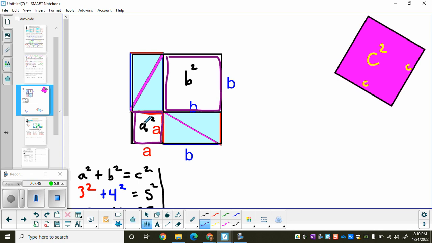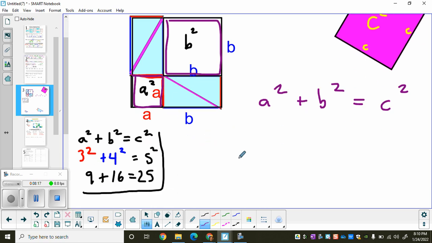So this A squared right here plus this B squared is the same area as this over here, this purple square. This purple and this purple takes up the same amount of space as this purple, and that is the Pythagorean theorem. And I can prove, again, the Pythagorean theorem to you all.